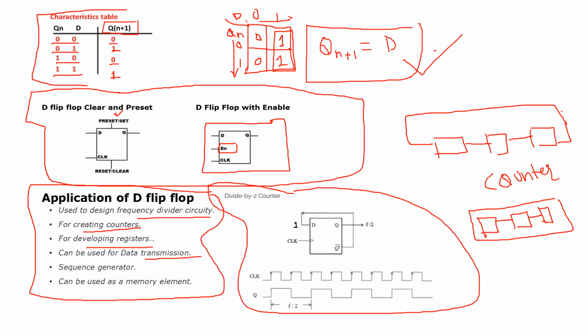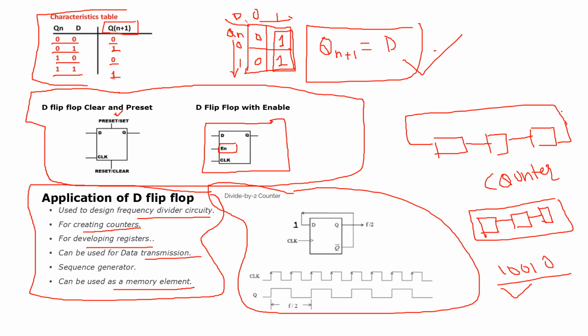Sequence generator, if you want to generate a binary sequence, 1 0 0 1 1, you can use a D flip-flop to generate the binary sequence. It can be used as a memory element also. It stores the data for a predetermined time, or it holds the data, so it can be used as a memory element.